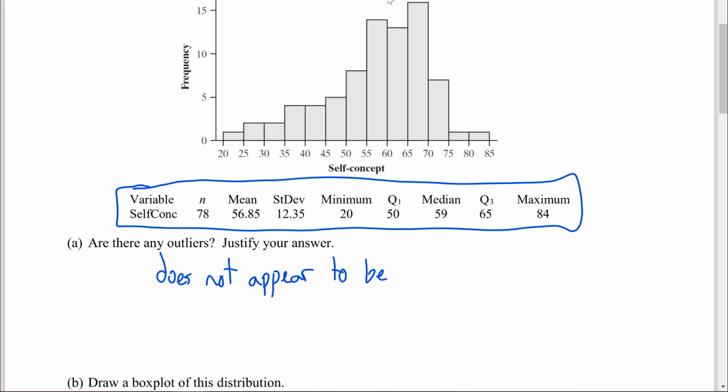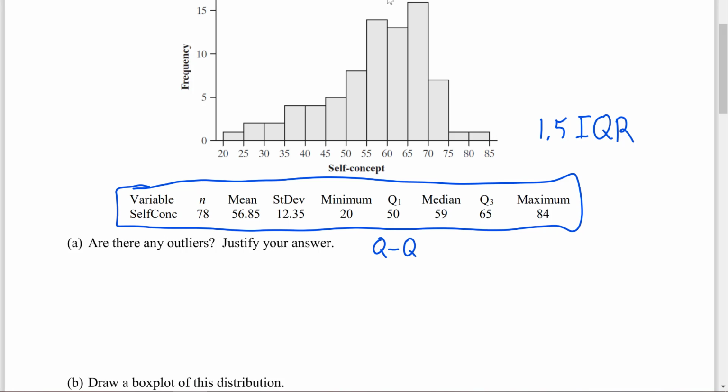That's where we do our IQR. So our IQR, remember, we're looking for 1.5 times our IQR, and we subtract that from Q1 and add it to Q3. So my IQR, Q3 minus Q1, 65 minus 50 is 15.